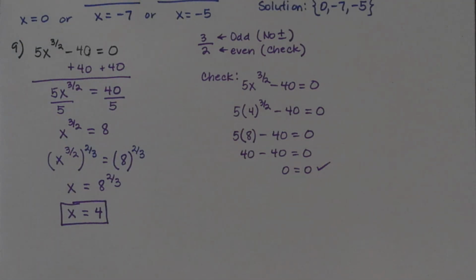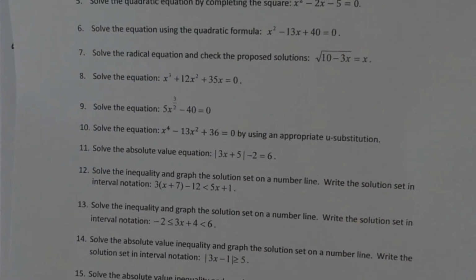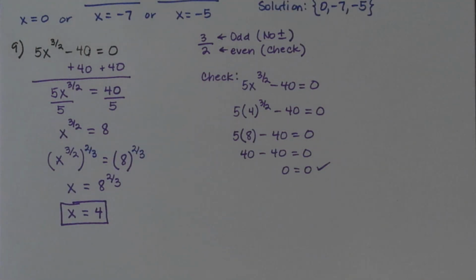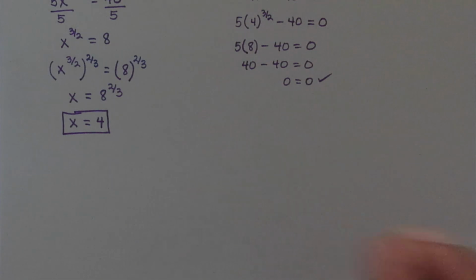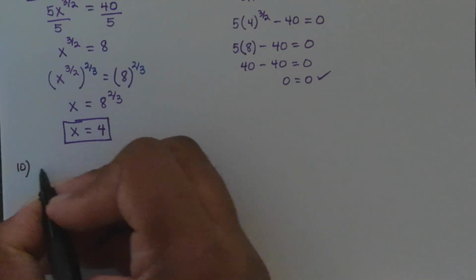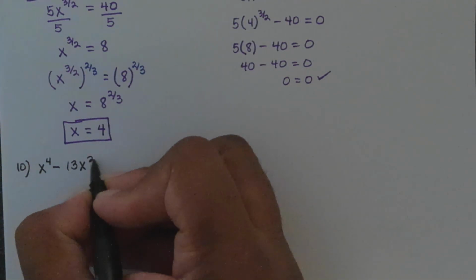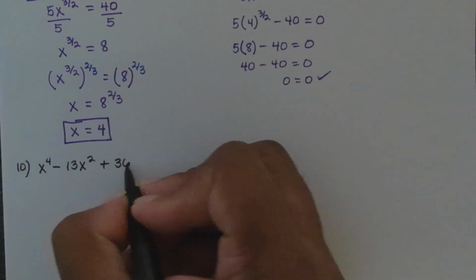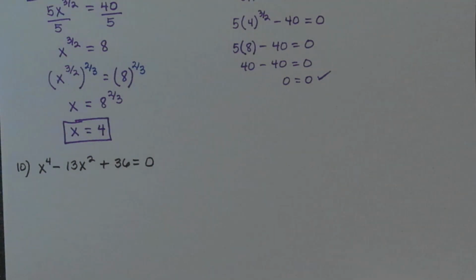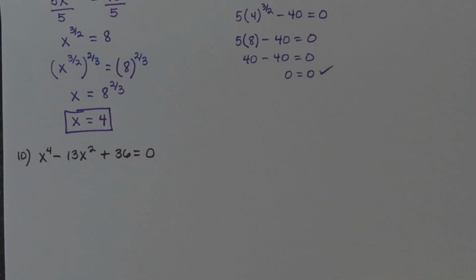All right, number 10 is using an appropriate u substitution for this equation. x to the 4th minus 13x squared plus 36 equals 0. Okay, so here we have to use an appropriate u substitution.